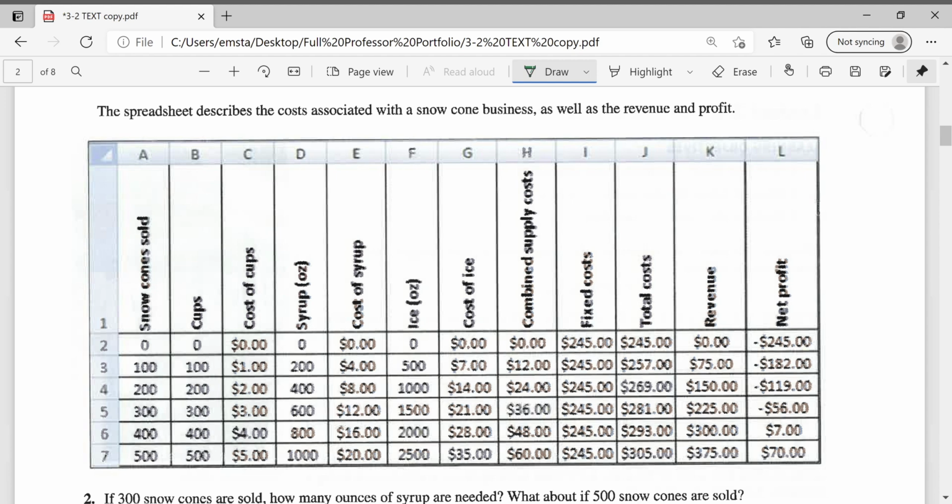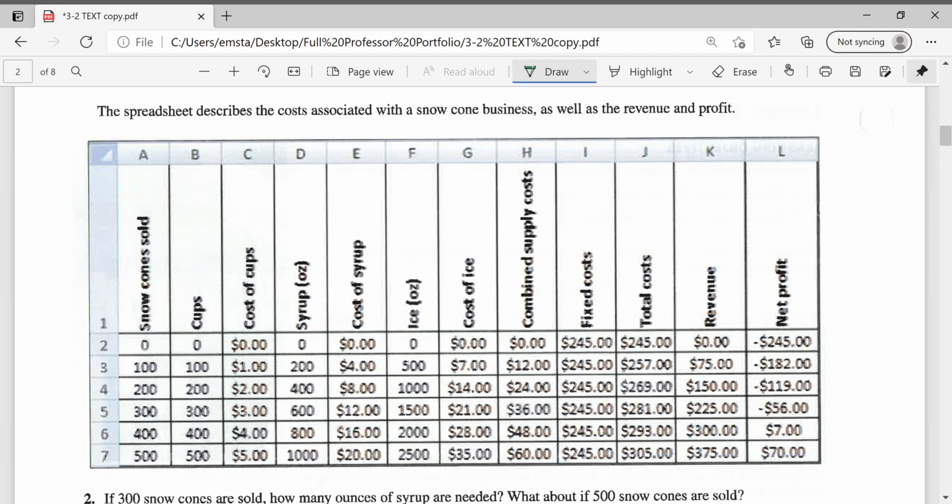Column C is the cost of those cups. Column D is the amount of syrup needed. Column E is the cost of that syrup. Column F is the ounces of ice we need. Column G is the cost of ice. Column H is the combined cost of cups, syrup, and ice.